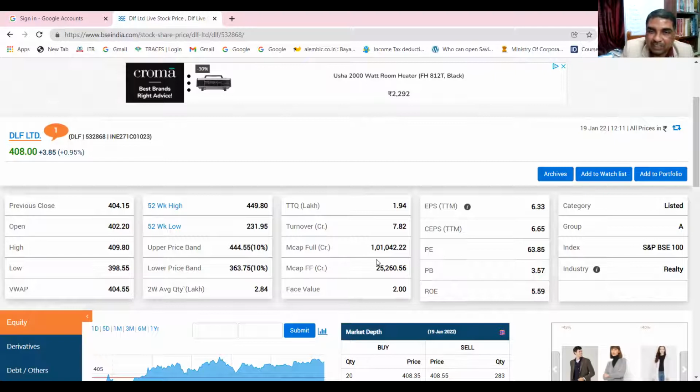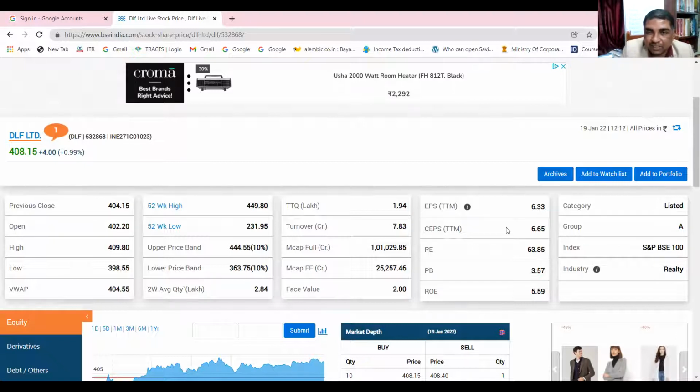Yes, sir. That means it is the number of shares available for trading in the market into the price of share. So that is the full market capitalization. You can say that is the size of equity in the market. Right? Now you see EPS, that is earning per share. That data is available for this company. Now you can easily get this data, is it not? Earning per share.